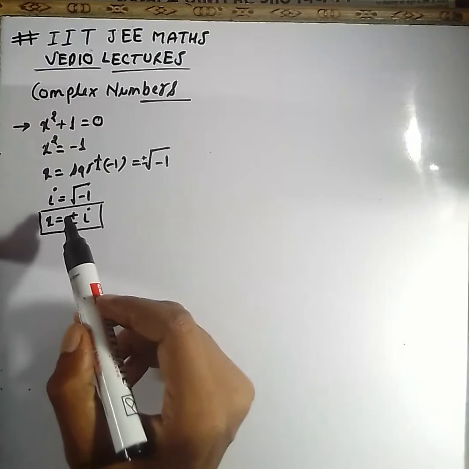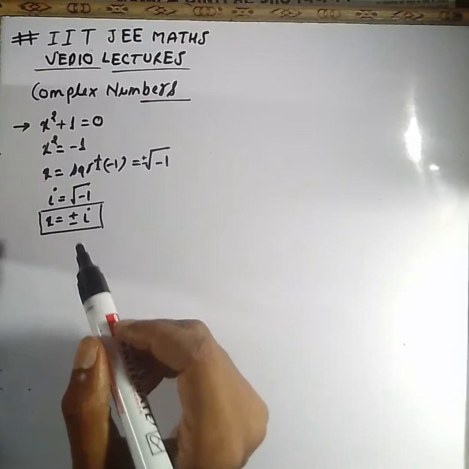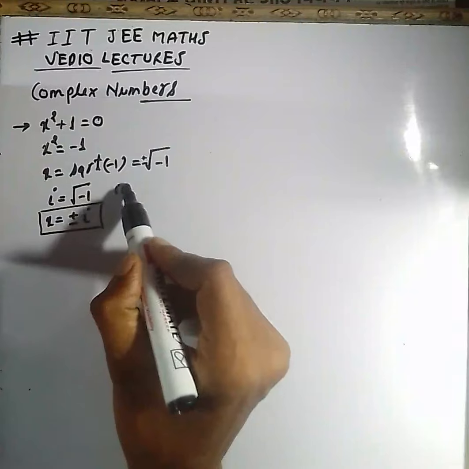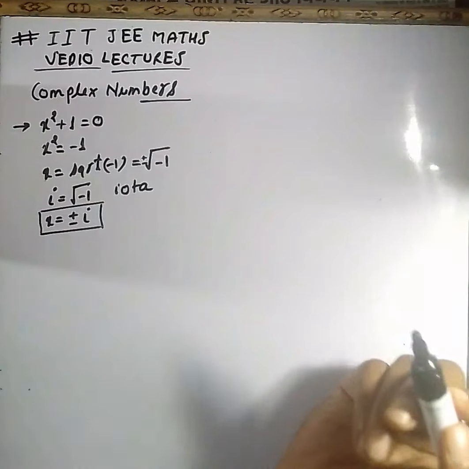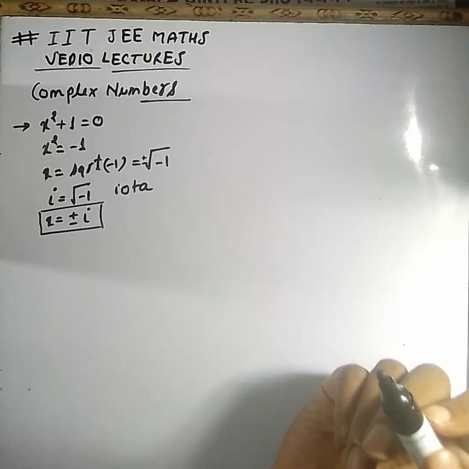So this i equals to under root minus 1 is from the complex number, and we call it iota, and always it has the value of under root minus 1.